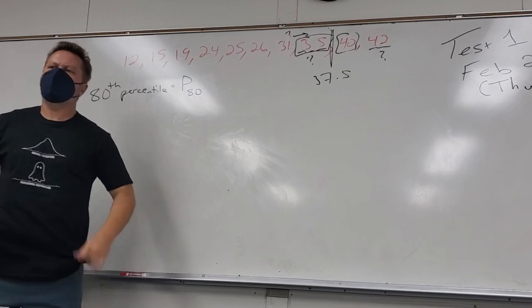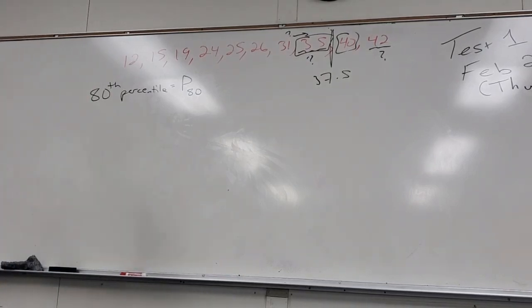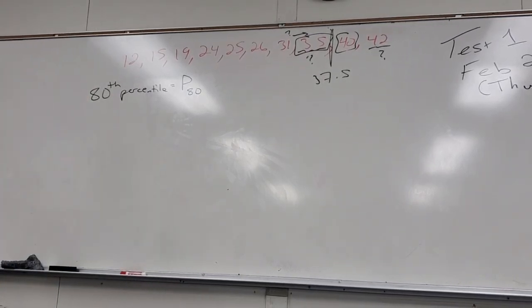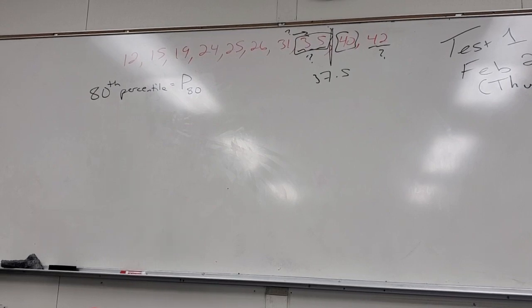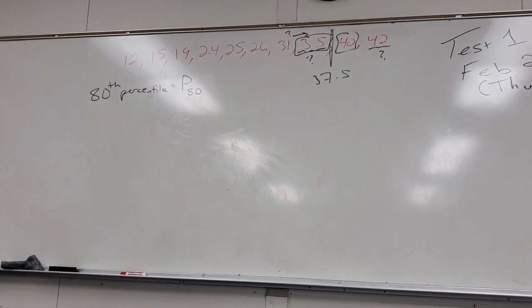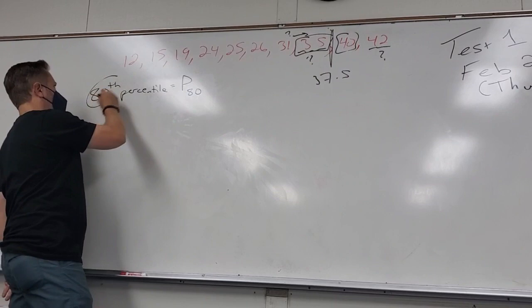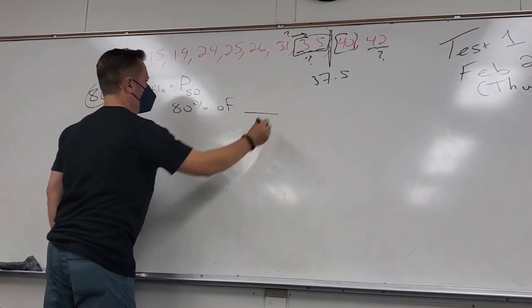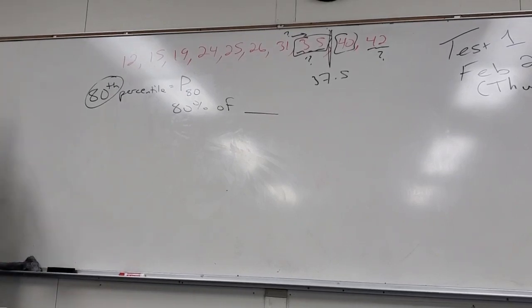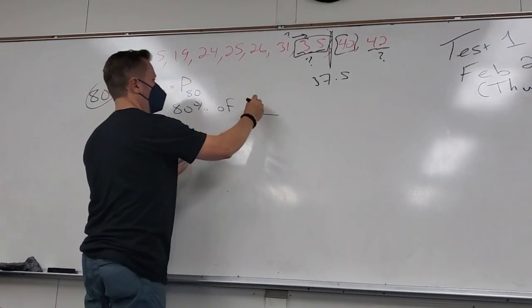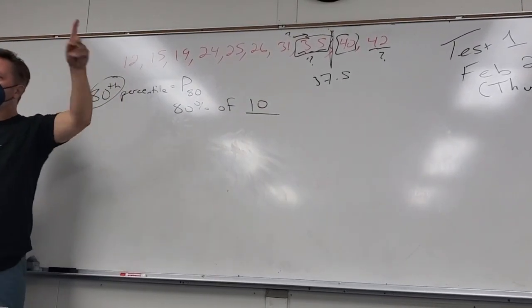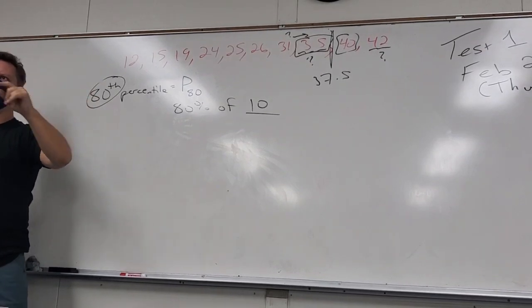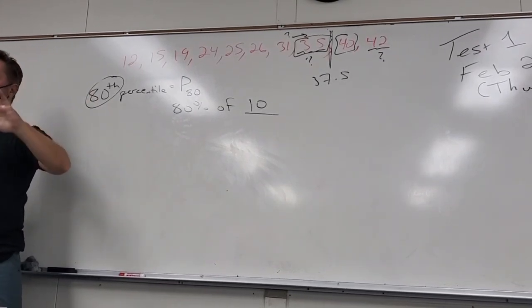I really want you to understand what was the very first thing you guys did to get a feel for the guess. You took 80% of the number, 80% of 10, right? Just to get in the right general area. And I appreciate that a lot of you were like, oh, I have to adjust that a little bit.